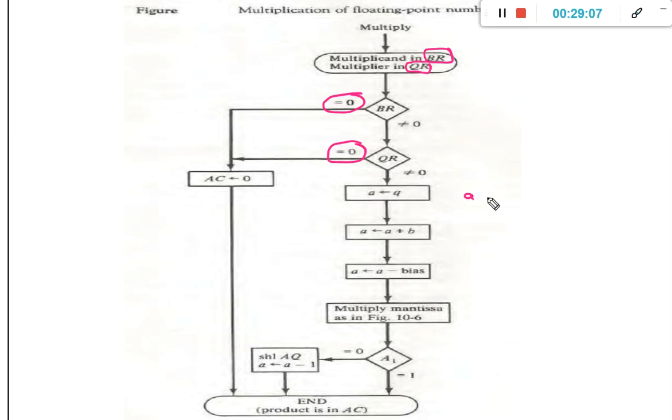So the exponent of Q value will be moved to the exponent of A. Then we are going to perform A assignment A plus B, which is equivalent to A assignment Q plus B. Okay, so we are going to add the exponent of the Q register and the exponent of the B register. Okay, so like this we are going to perform. However, after adding, now A will contain the actual exponent value.